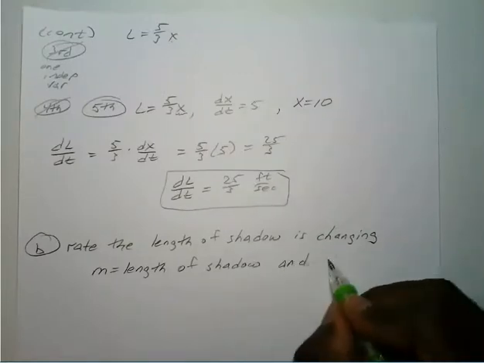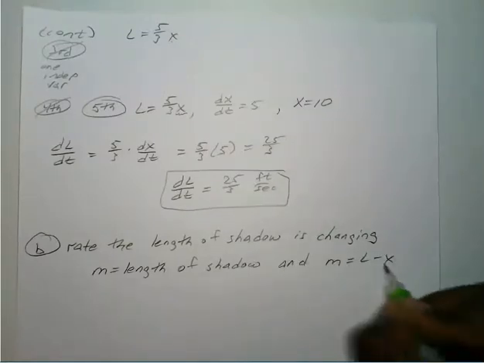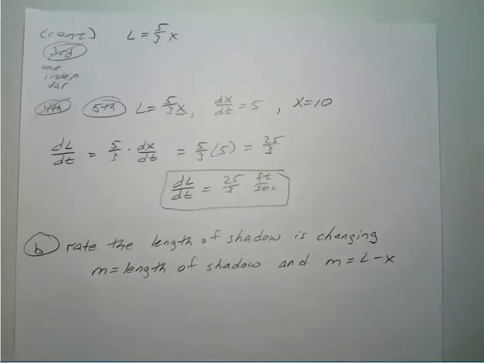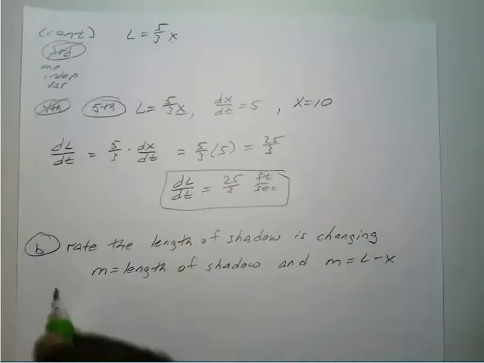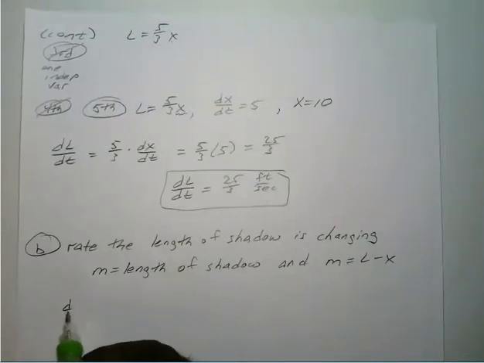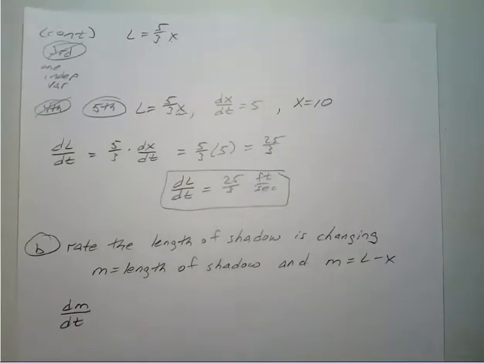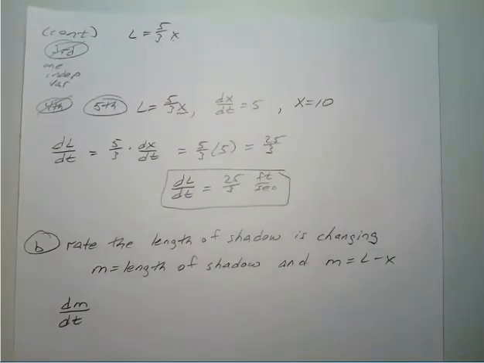And we know that M is equal to L minus X. So that means we want to know the rate of change of his shadow with respect to time.